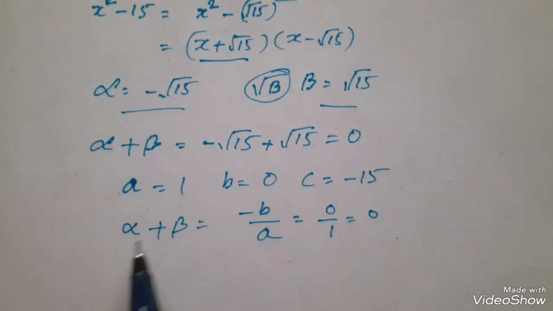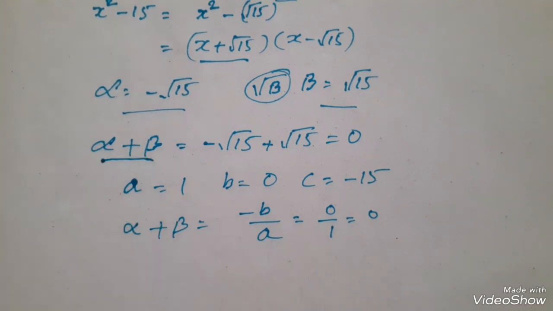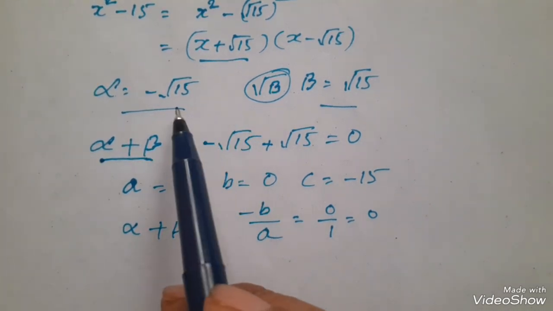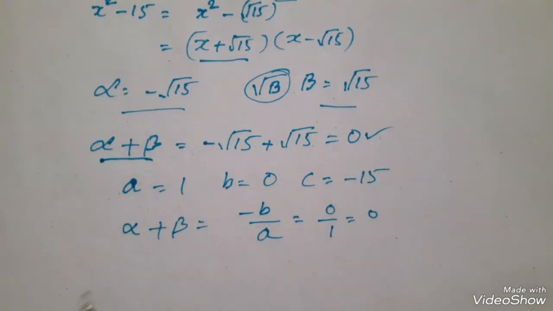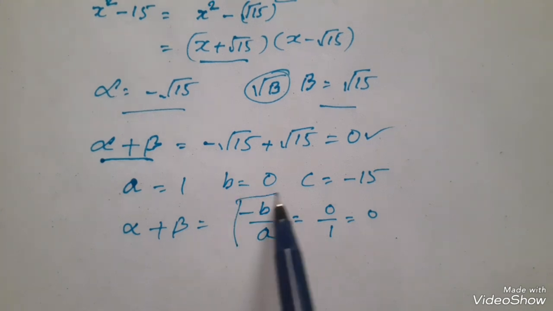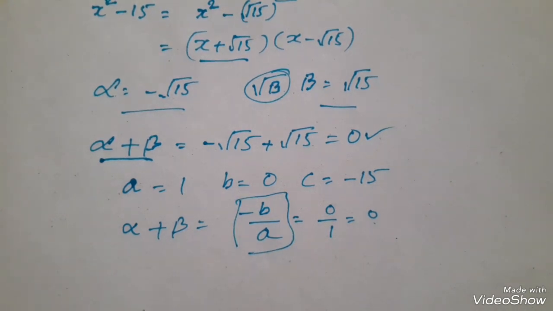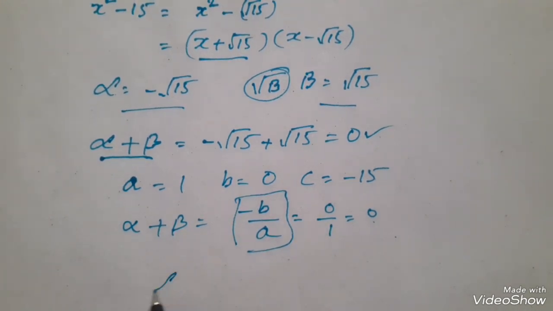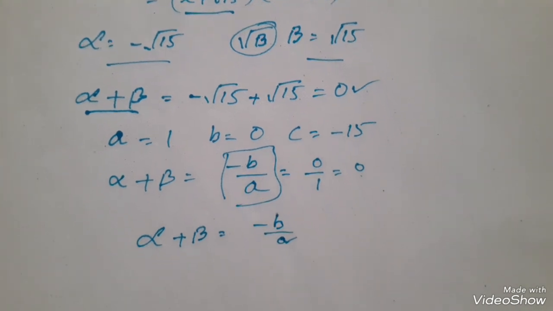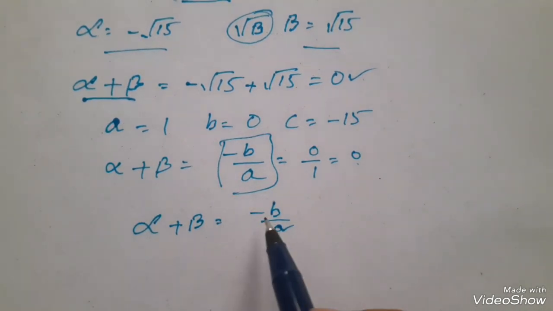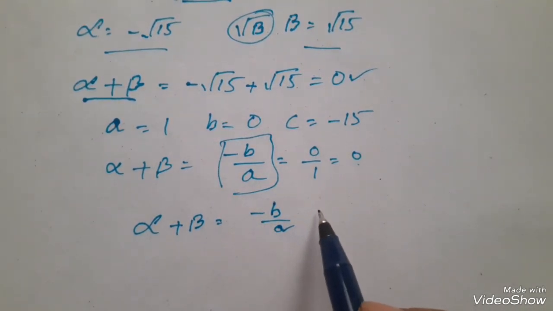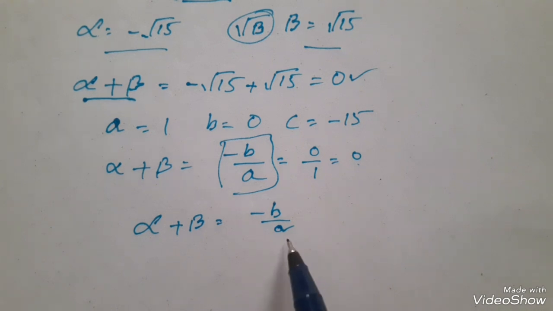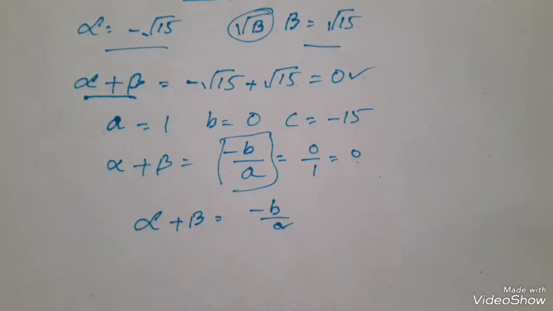So here alpha plus beta, with the help of zeros we get 0, and with the help of coefficients we get 0. So what we can tell is, the sum of two zeros is equal to minus b by a, which is equal to minus of coefficient of x by coefficient of x square.